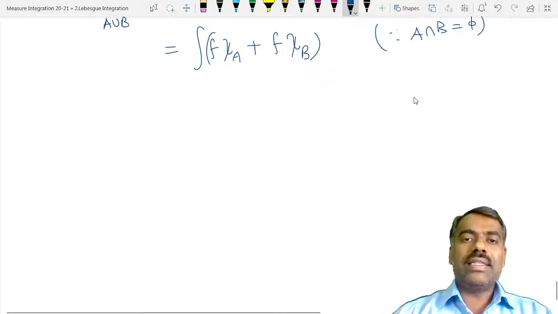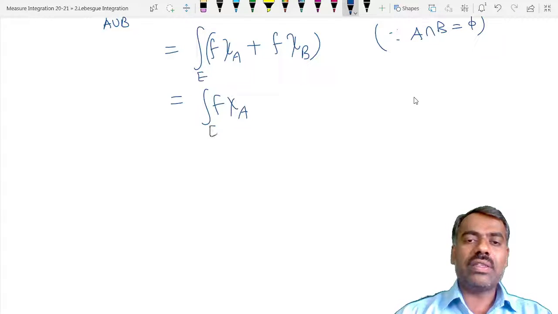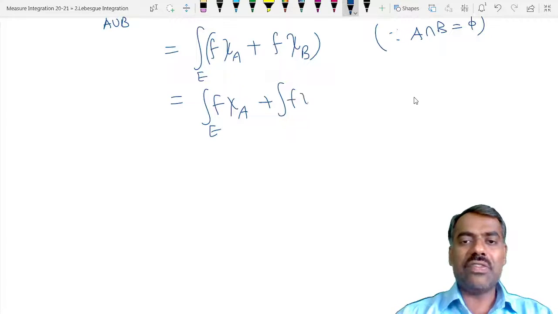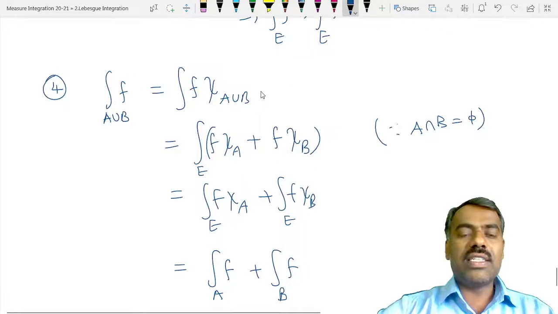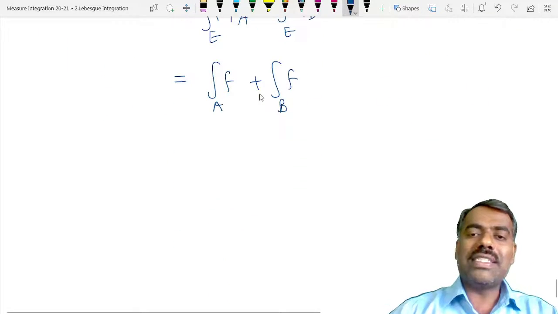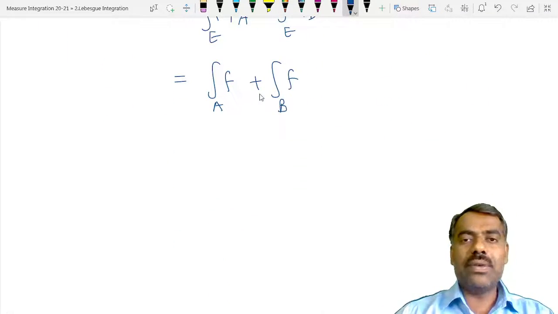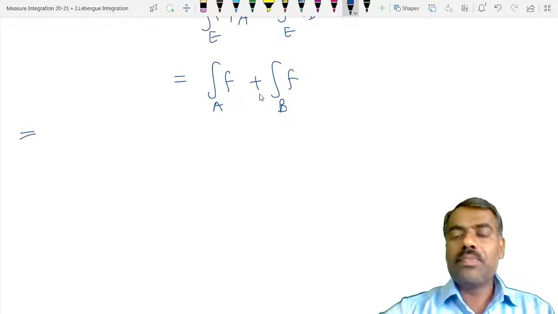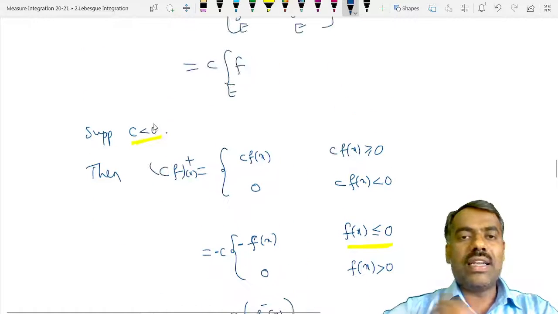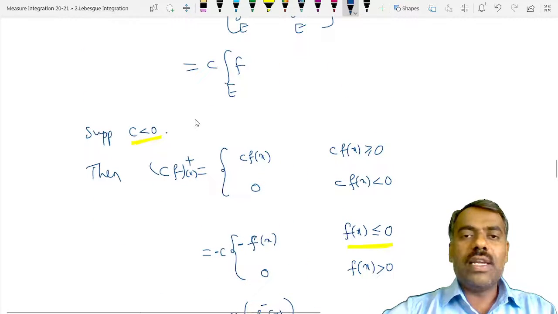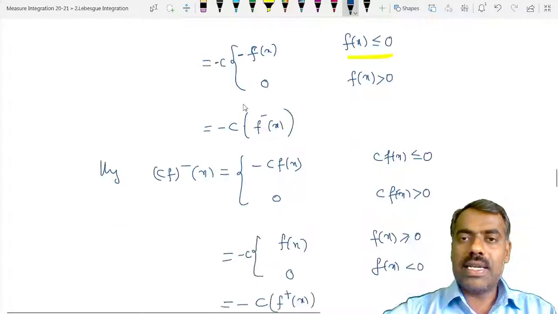Again applying the linear property, what you will get is integration of f times chi of a plus integration of f times chi of b. But again this is the same as integration of f over a plus integration of f over b. So there is nothing new. It is the same as how we proved it for the non-negative case. These are the basic results of the integration of any general measurable function, right?